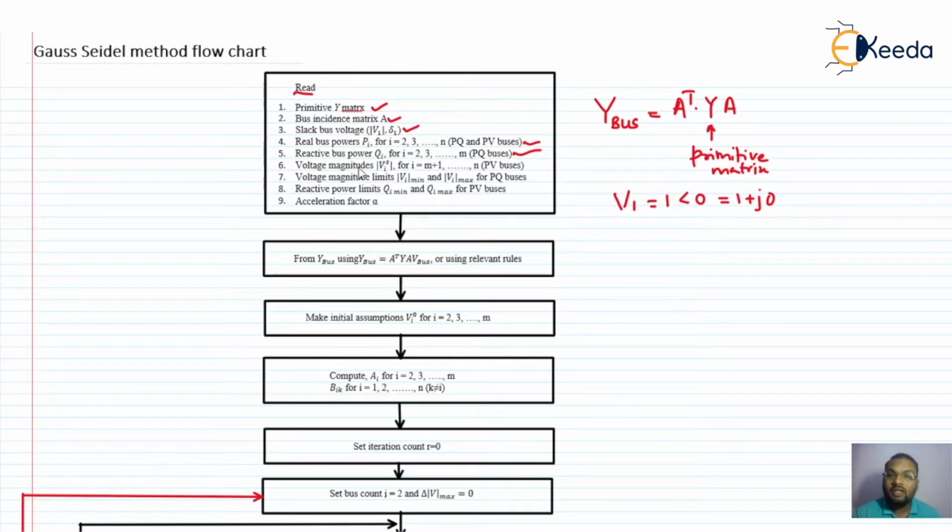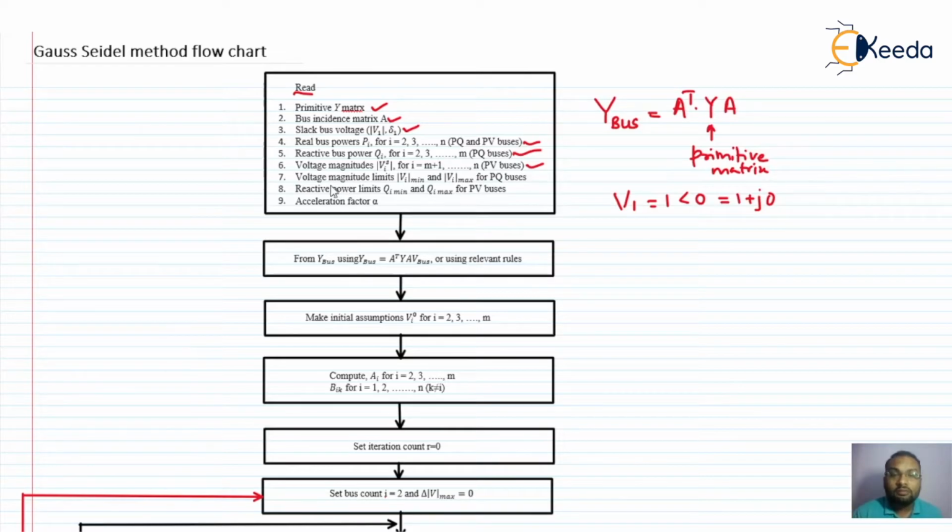Then the voltage magnitude. On the PV bus, voltages are specified, so you read out that voltage. And the PV buses start from M plus 1, because up to M these are PQ buses. So from M onward, that will be M plus 1, up to N, those will be PV buses.